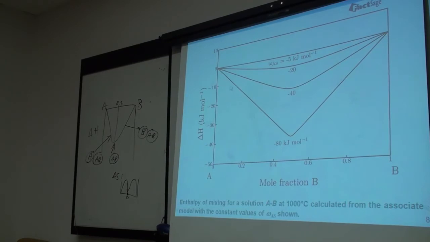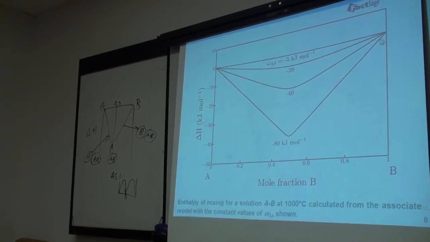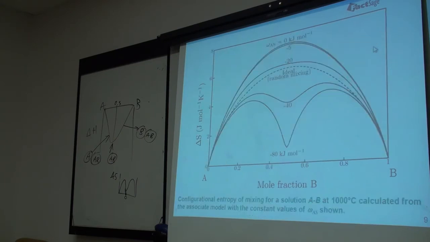As omega becomes less negative, it's halfway in between. It tends to be a straight line, but it gets more and more parabolic as you approach small values of omega. And this is what the actual entropy looks like. This is your ideal random mixing.